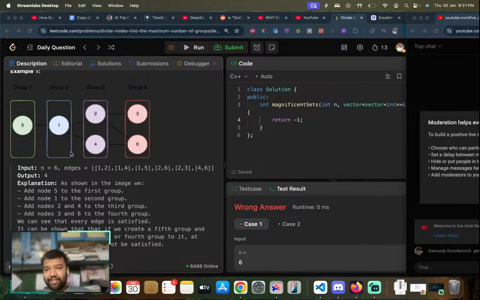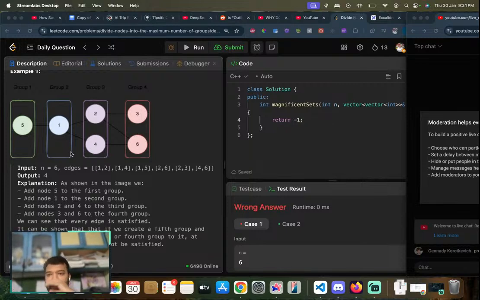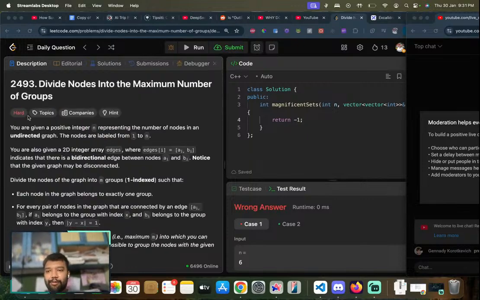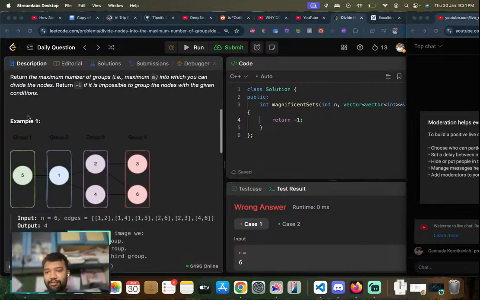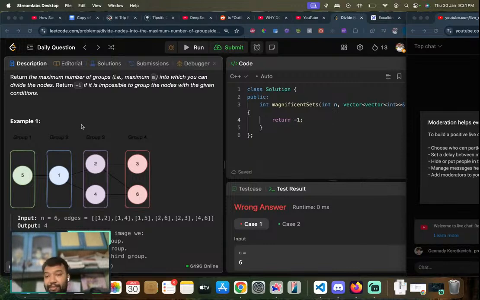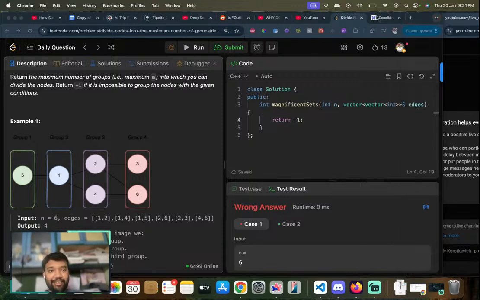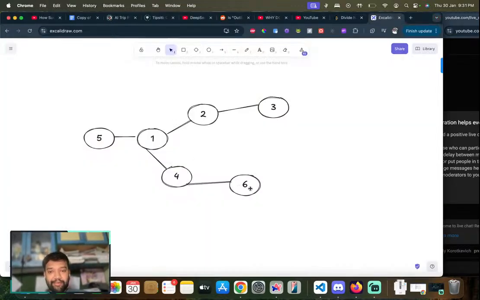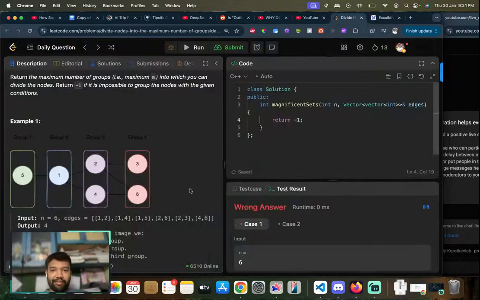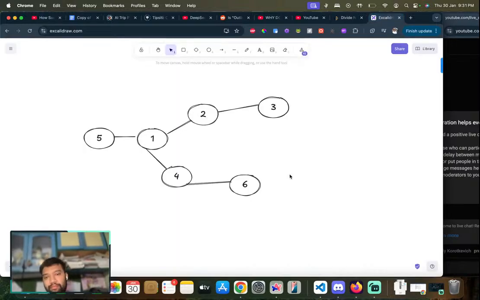A BFS is coming, a union find is coming because there are components, obviously, and it's a hard problem, so multiple topics will be used. Probably some DFS. Right now, I can't even solve this example. The answer should be five, but I don't know how to group it.